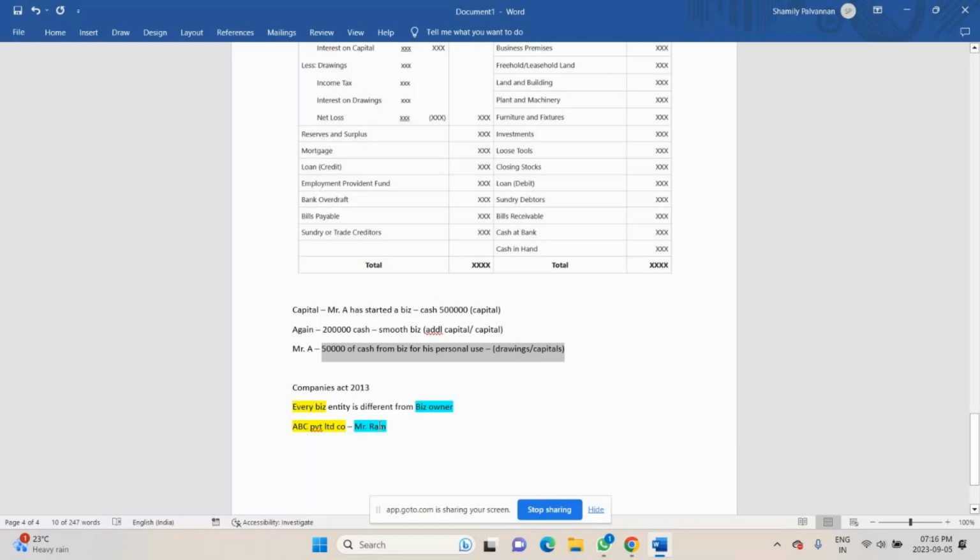That is what we call drawings. We are not saying capital withdrawn; we are saying drawings. He is taking it for his personal use.